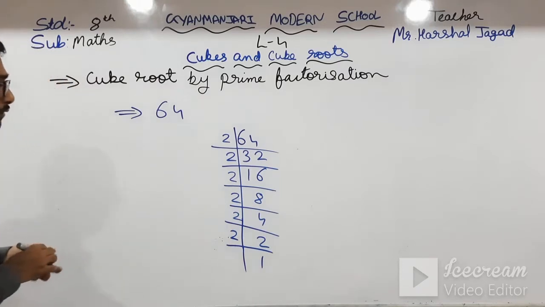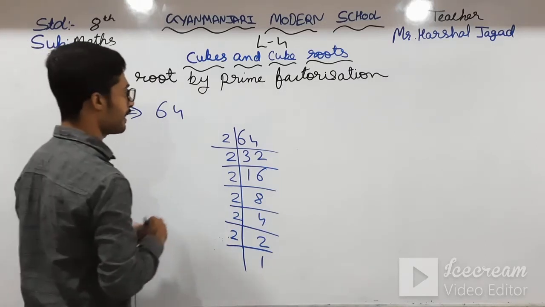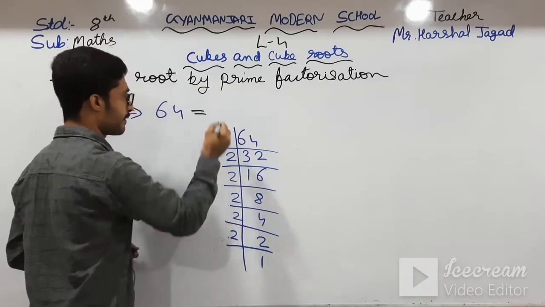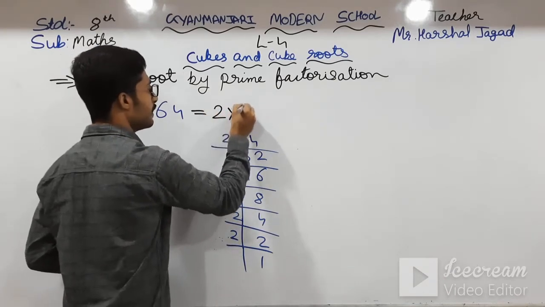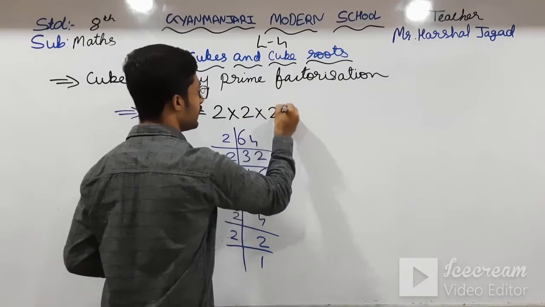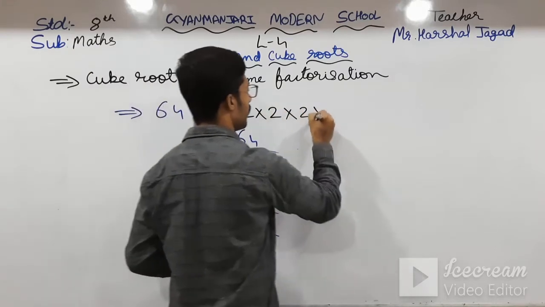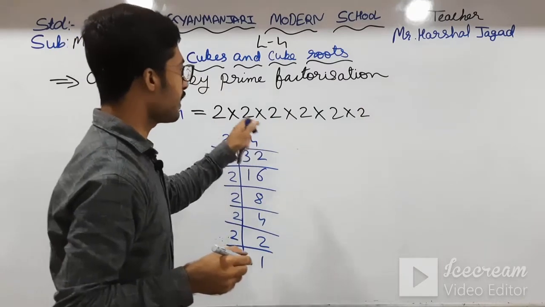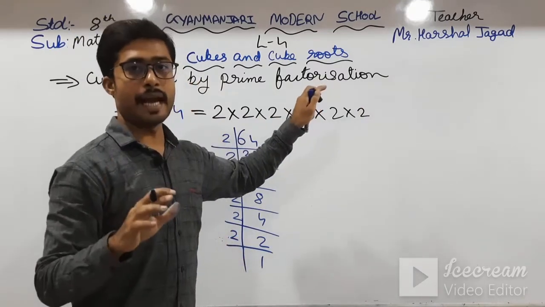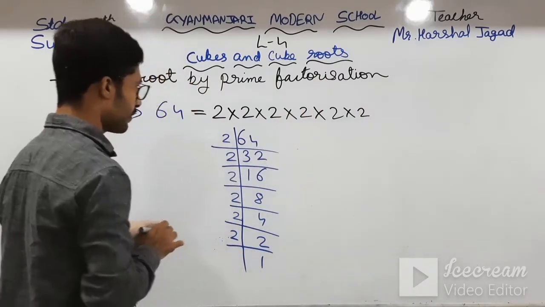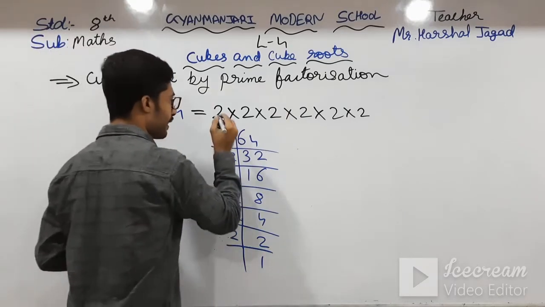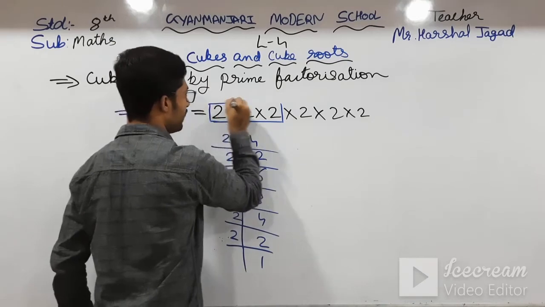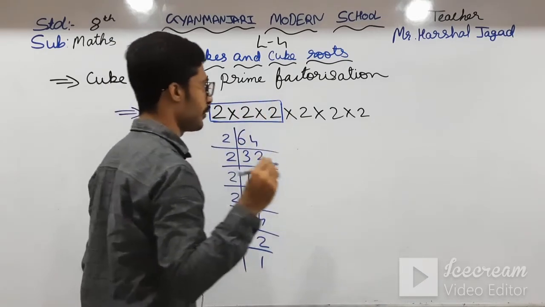So we get the factors: 1 2 3 4 5 6. So we get 6 times 2. Okay students, here we can make groups of 3 because it is a cube.